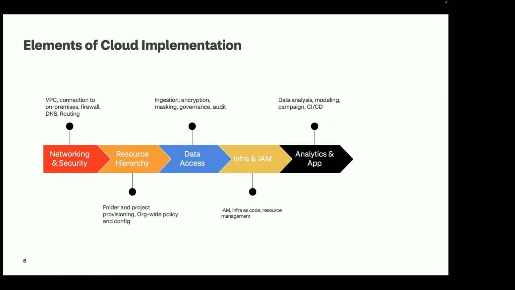In Google Cloud specifically, they have folders, they have projects. How do you organize them for your organization? And then the next aspect is data access: how to ingest your data, how to encrypt your data, mask your data, govern your data by audit, and all the data access control. And then you have the infrastructure and IAM portion, which is my main focus now in this talk.